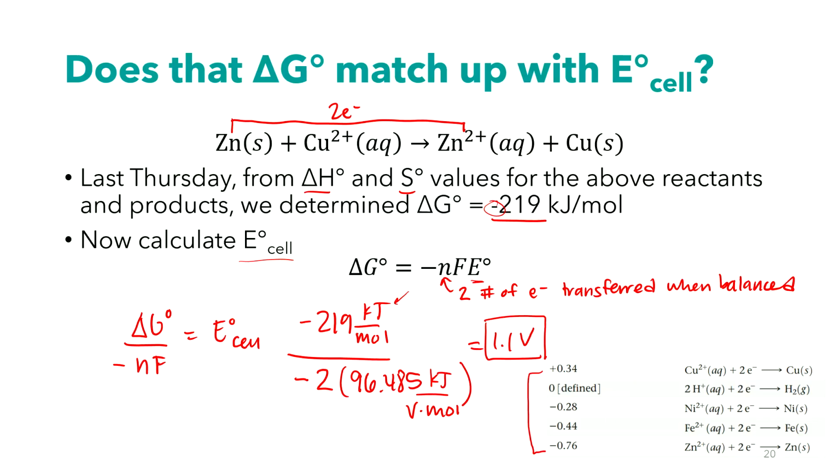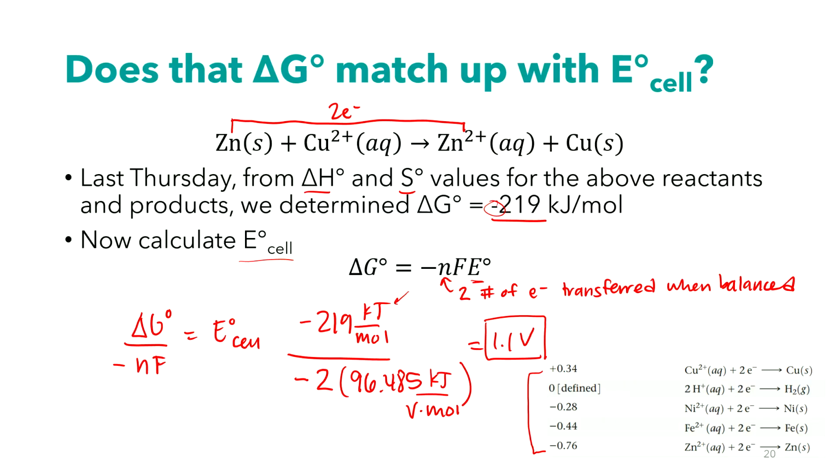That is what we got when we used our standard reduction potentials. 0.34 minus a negative 0.76 was indeed 1.1. So we can now go between delta G and the cell potential. Those are connected. It's just that when we talk about these voltaic cells, we tend to talk about them in volts rather than kilojoules.